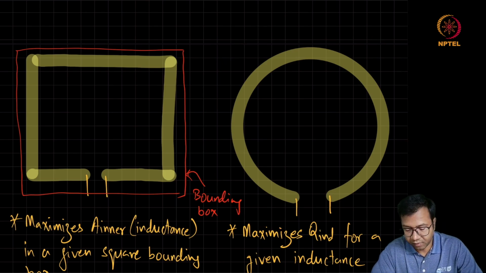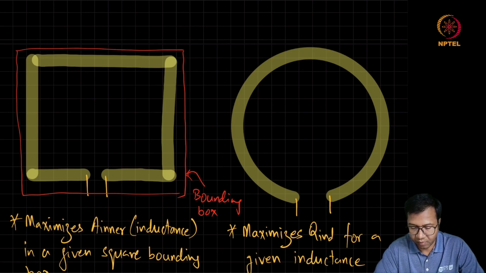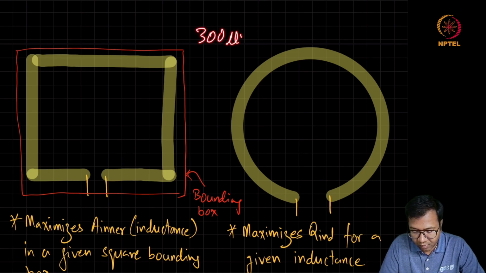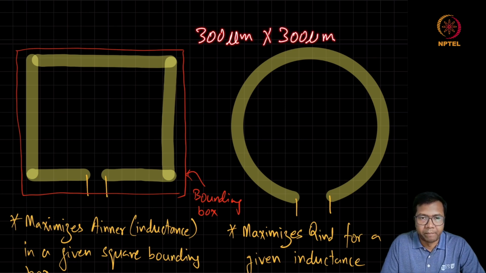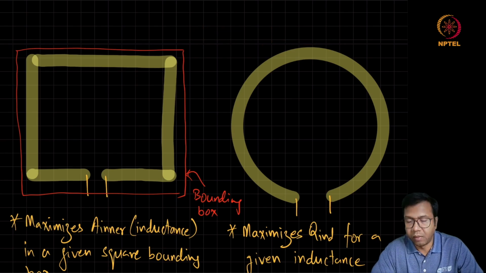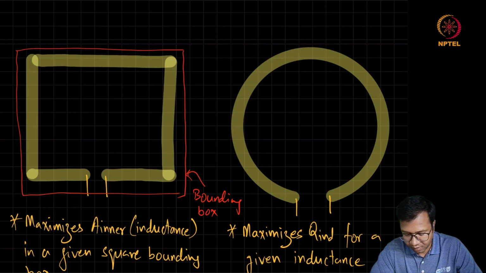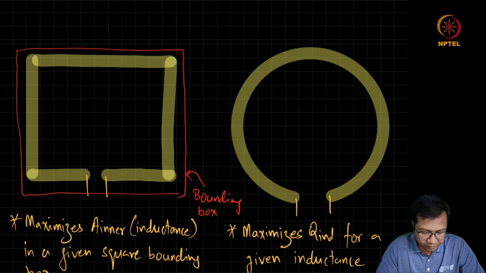If the inductance is of the order of nanohenries, we'll find that the bounding box requirement will easily exceed 300 by 300 micrometer square, and many times it can be even bigger. So it is not feasible to keep on increasing the loop size to increase the inductance.